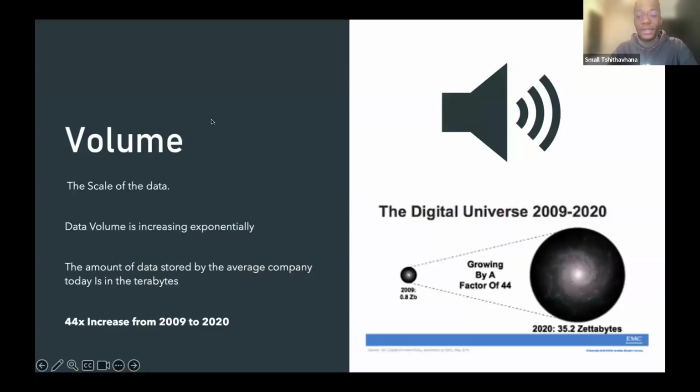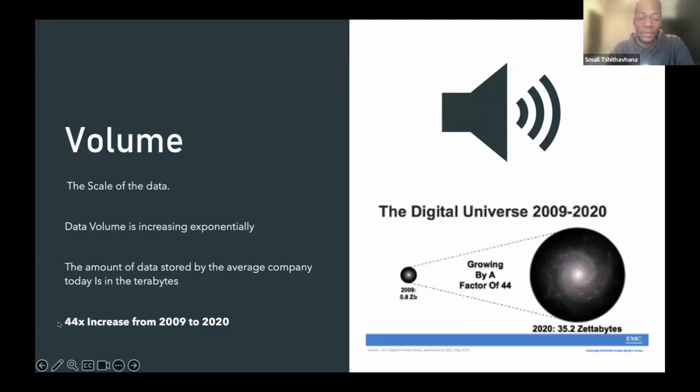So for context, the digital universe, ever since it started in 2009, had 0.2 zettabytes of data. And now we're working with 35.2 zettabytes of data in 2020.